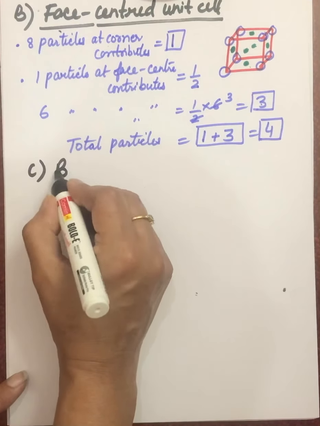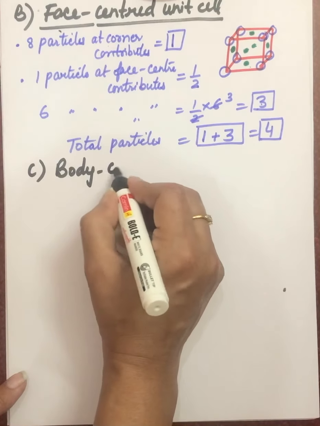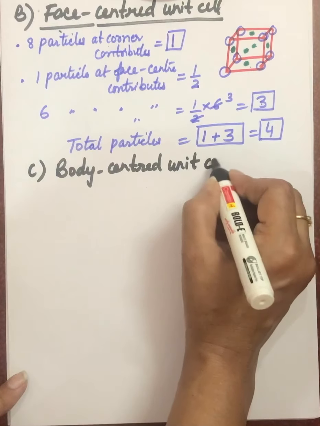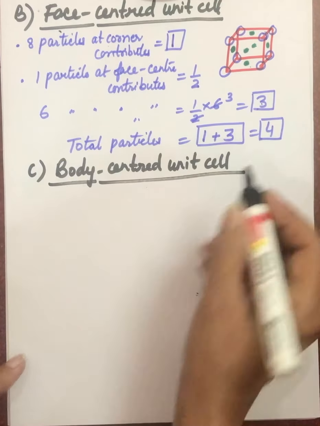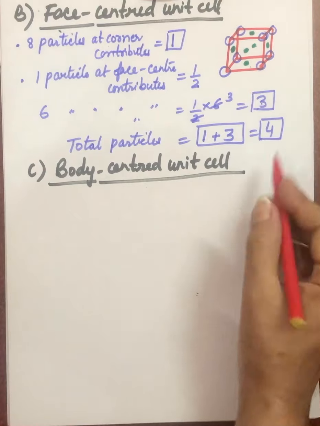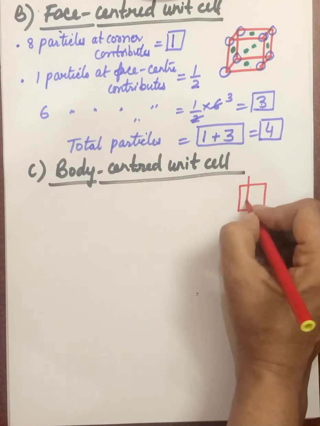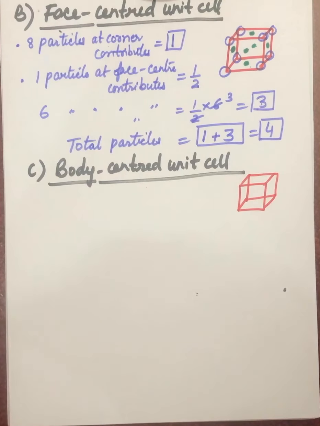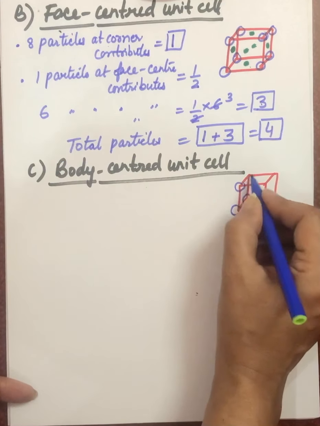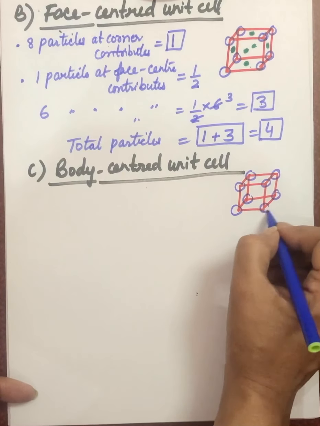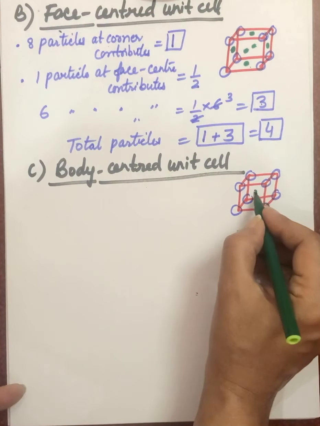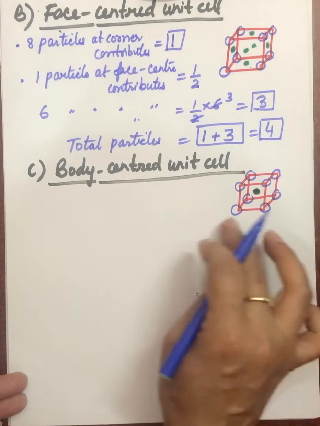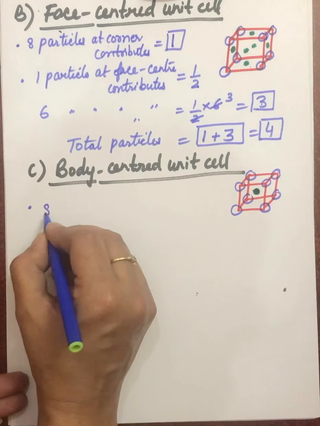Next is the body centered unit cell. A body centered unit cell is that unit cell in which particles are present at the corners of a unit cell and also at the center of our unit cell here. As for the contribution of the particles at corners, we have already done it.